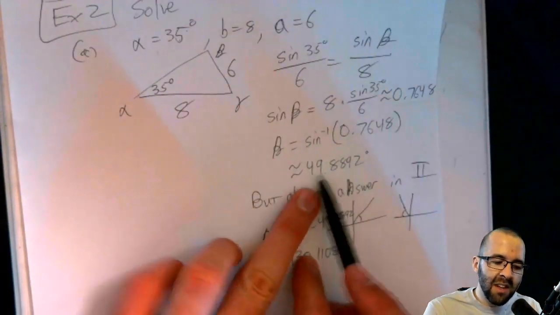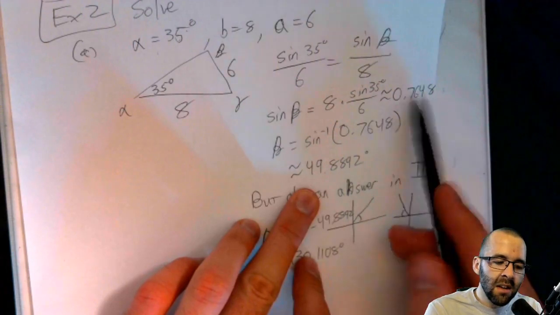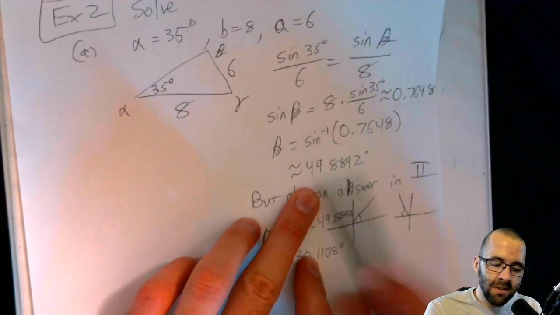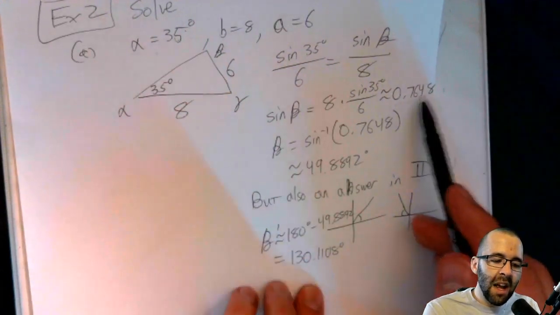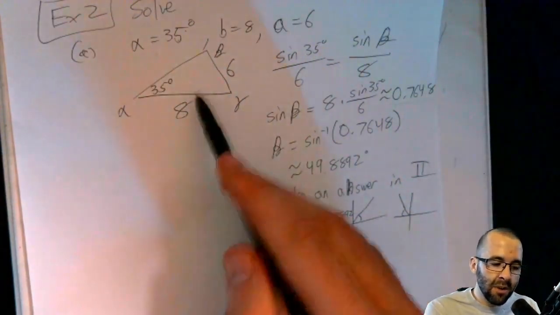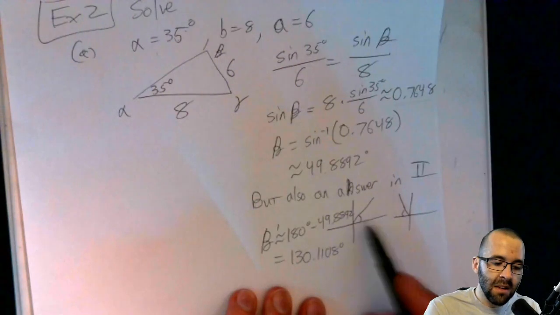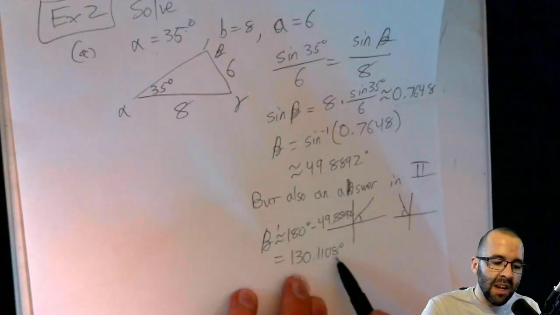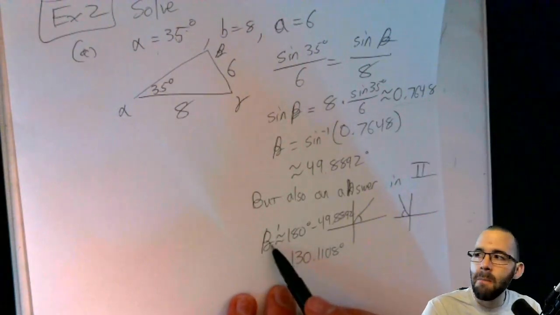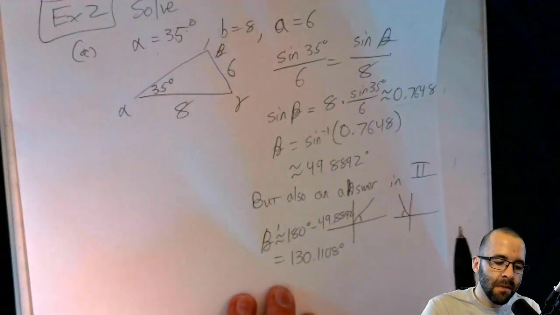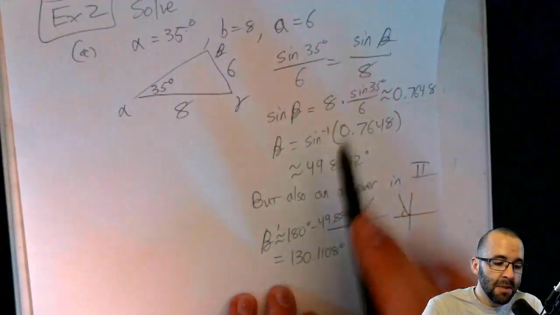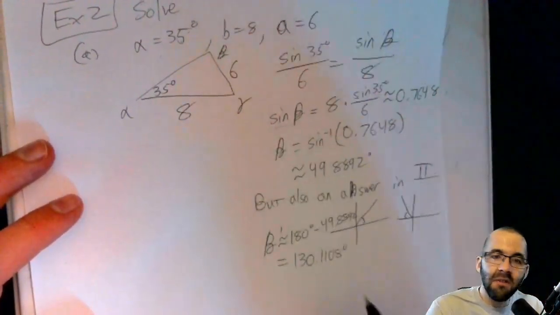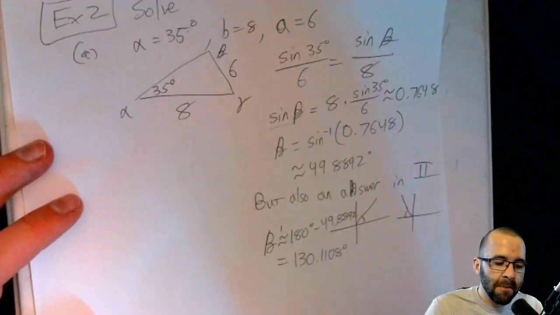We found the reference angle, just like we did in the previous section. And then there's two answers in terms of triangles that make sense: the reference angle in the first quadrant and the reference angle in the second quadrant. That's why we got a second angle here that we're just calling beta prime, because there's two possible answers to this. So this is really 9.5 where this confusion kind of comes into play.